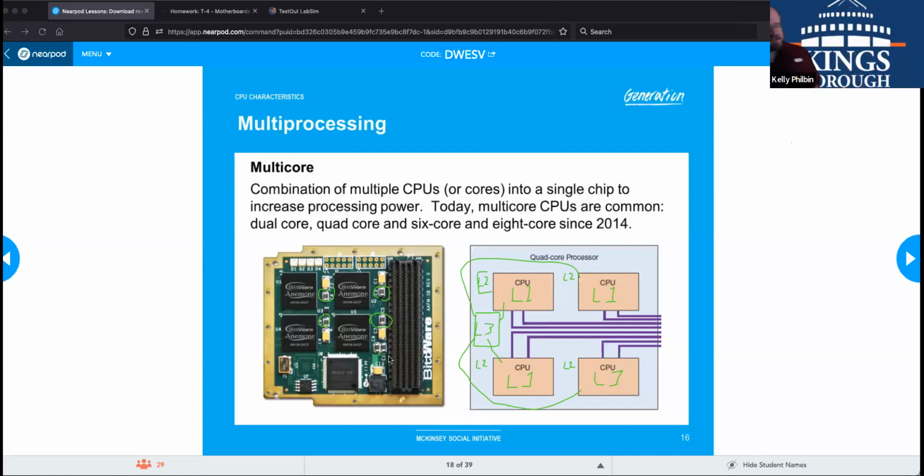So you have a level 3 that is shared by all 4 of the cores that we have here. It is the slowest of the 3. It is the least expensive of the 3. And it is shared by all, but it has the largest amount of space too, so the most amount of storage.